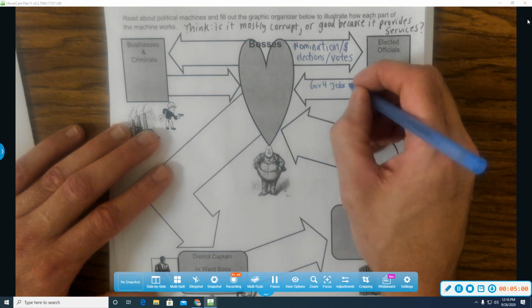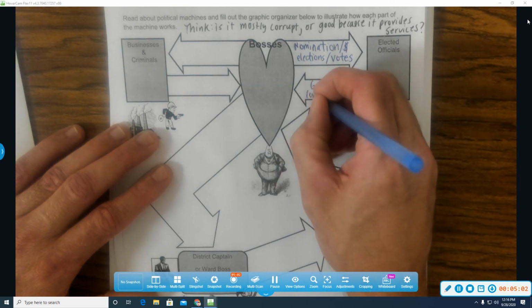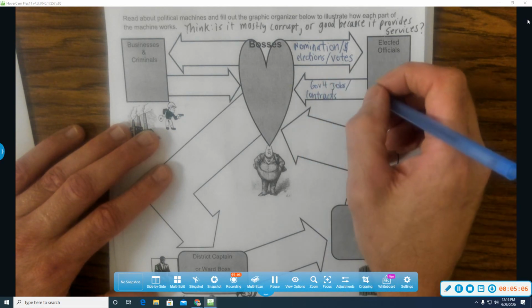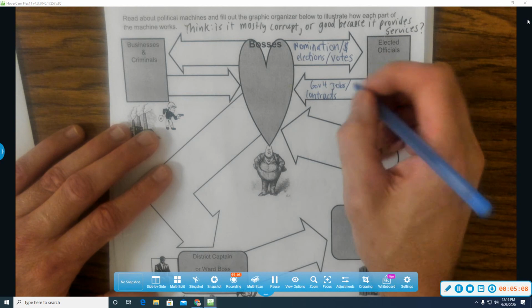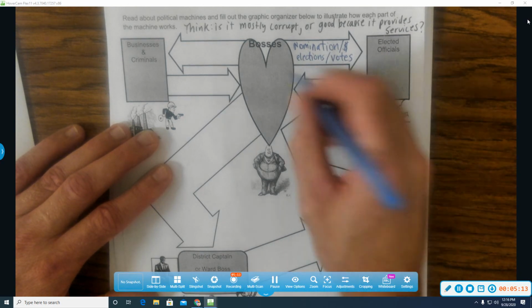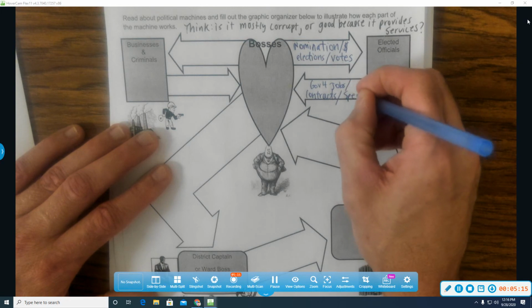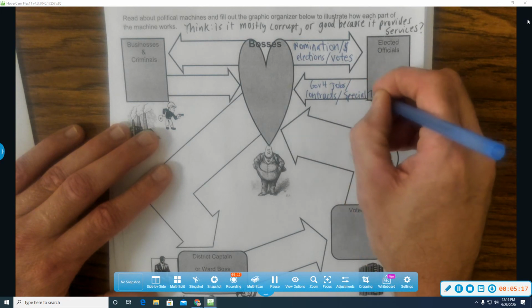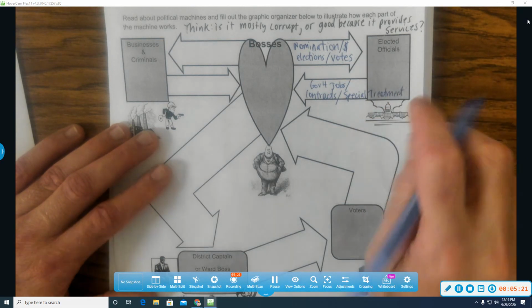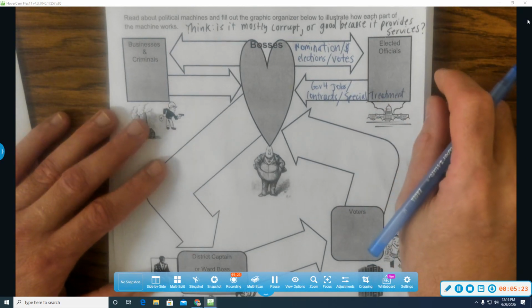So these government jobs, government contracts, and so forth. The elected officials are also going to have to give the boss special treatment, to make sure that the boss is not going to get in trouble. There's no one going to be breathing down his neck.